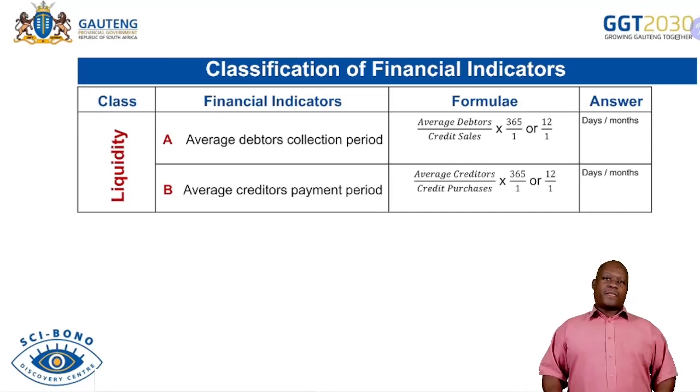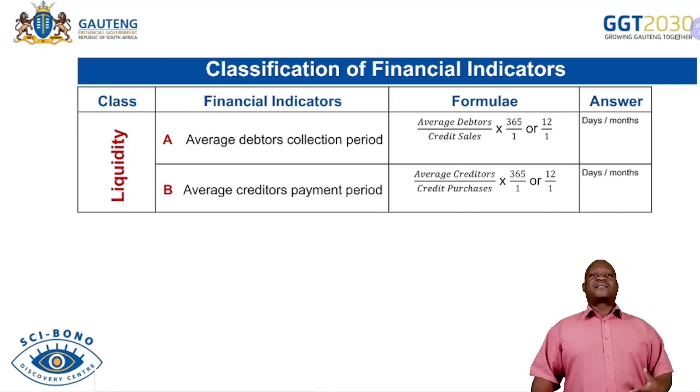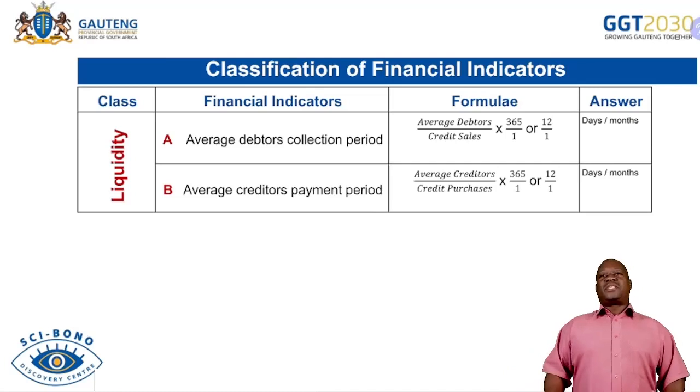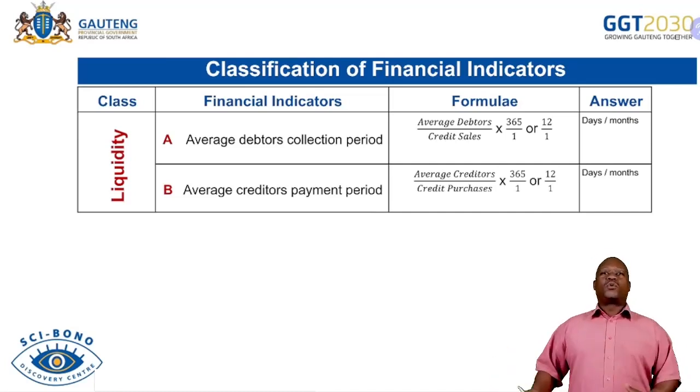How long are we taking to collect from debtors? A business that takes a few days to collect from debtors is managing debtors effectively and better than a business that takes very long to collect from debtors.